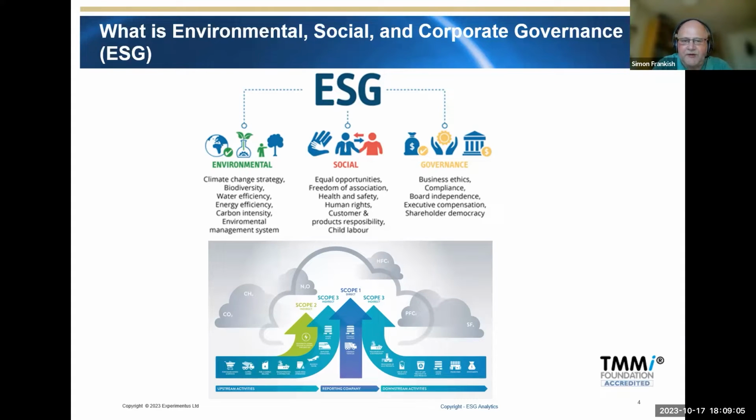We're really only looking at aspects of the environmental leg, for want of a better word, and really the energy efficiency, carbon intensity, and potentially environmental management. What we're looking at can be seen in a much wider scope, but in this case we're looking at scope 1, energy efficiency and carbon intensity. But if you hear people talking about ESG, this really feeds into that, and it is something that people can think about on their own.